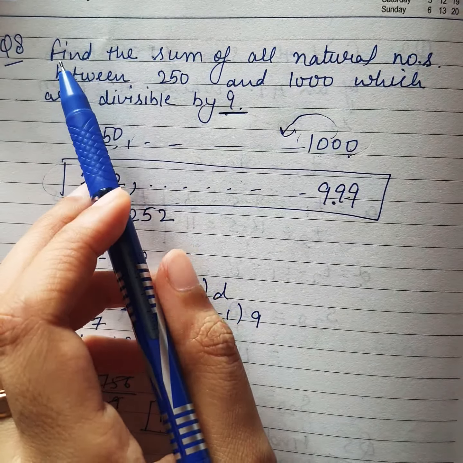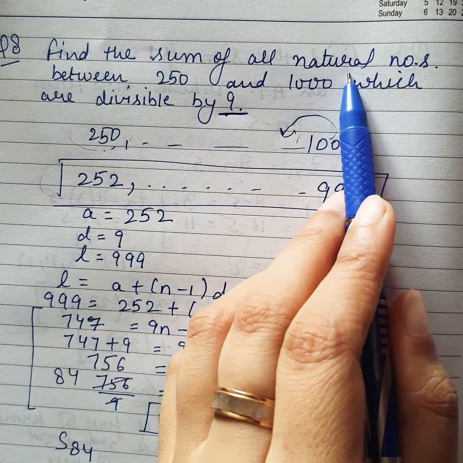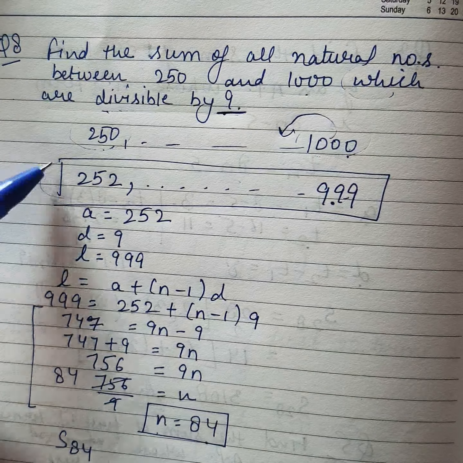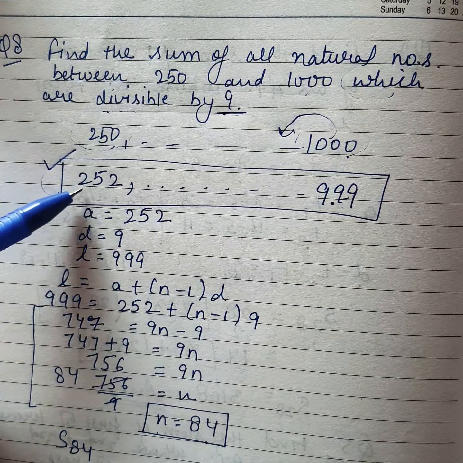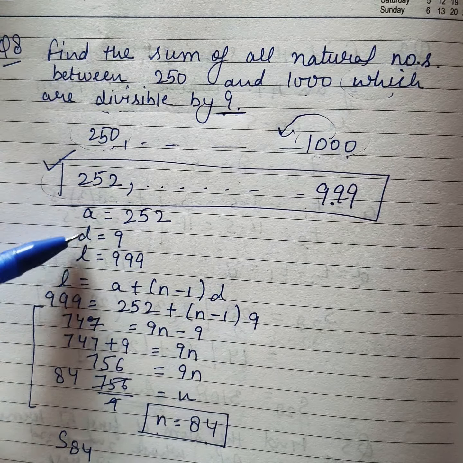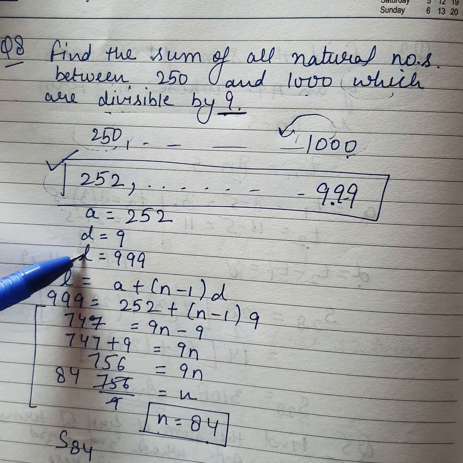Read this again. Find the sum of all natural numbers between these, which have to be divisible by 9. So what we did: first we found the AP. Step 1, all the numbers divisible by 9, the starting and ending number, a, d and the last term. Then we found how many terms lie in this particular AP, that is the value of n.